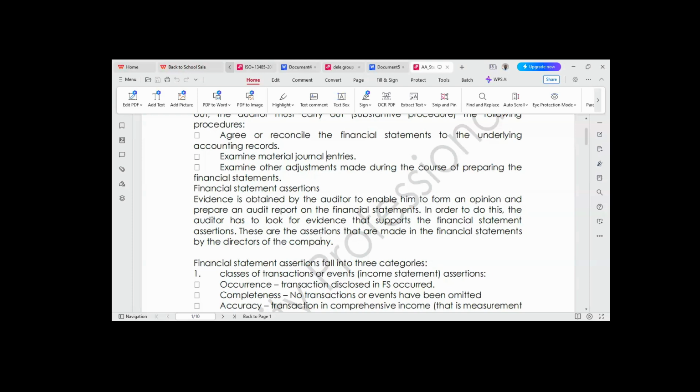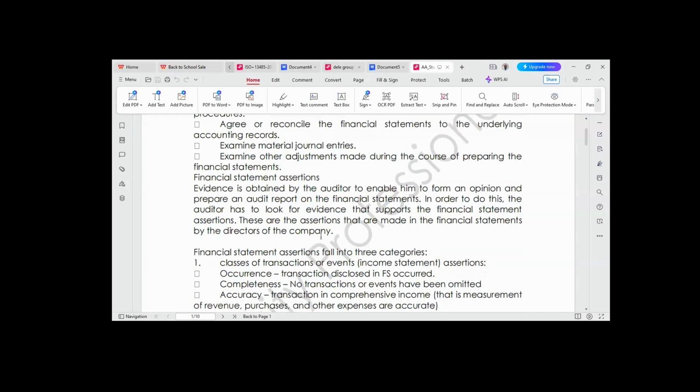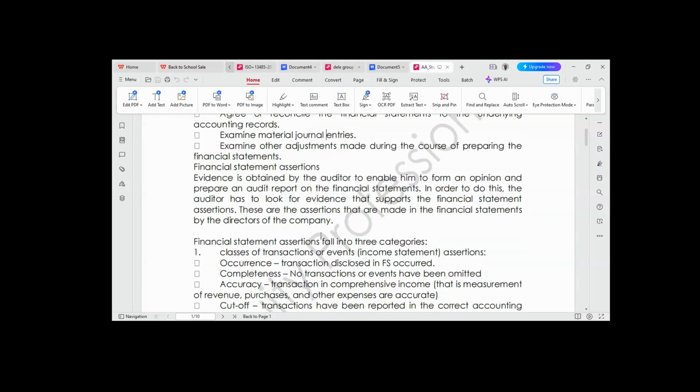So the first one, assertion based on transactions or events, relates to the statement of profit or loss and other comprehensive income. That is, it relates to all those transactions contained in the statement of profit or loss. In that regard, you will have to test occurrence, that transactions disclosed in the financial statement actually occurred.